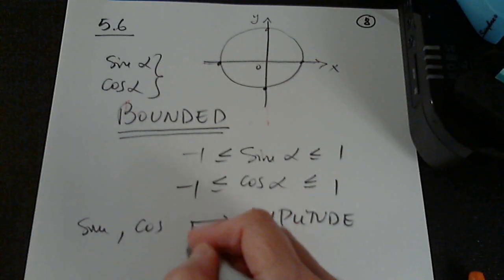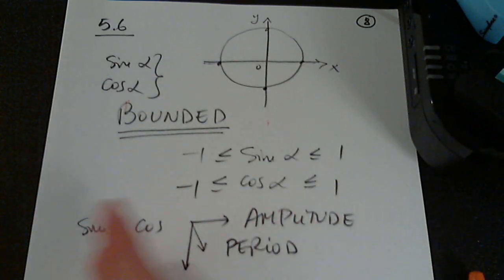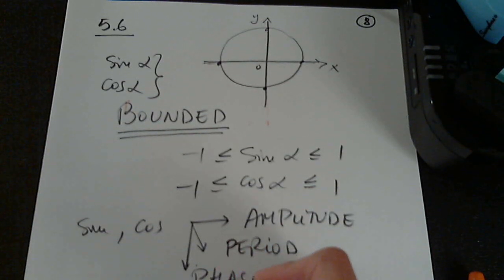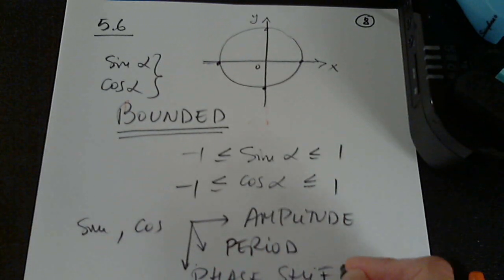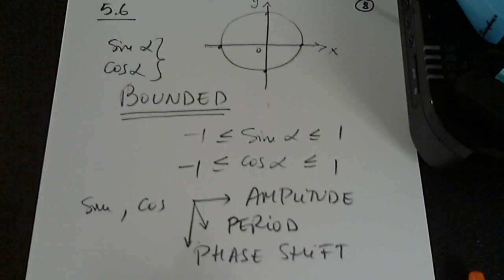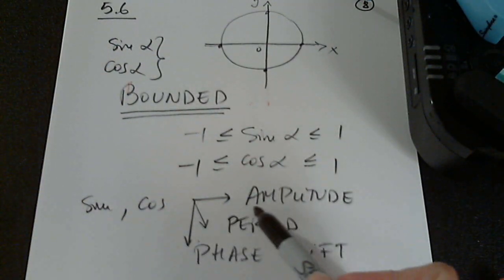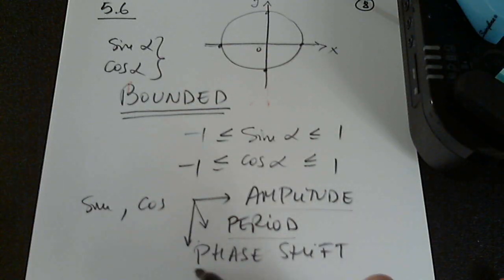They also have something, a horizontal shift. For trig functions, it's called phase shift. Okay. So when we graph sine and cosine, we will always find these elements. So let's look at an example.